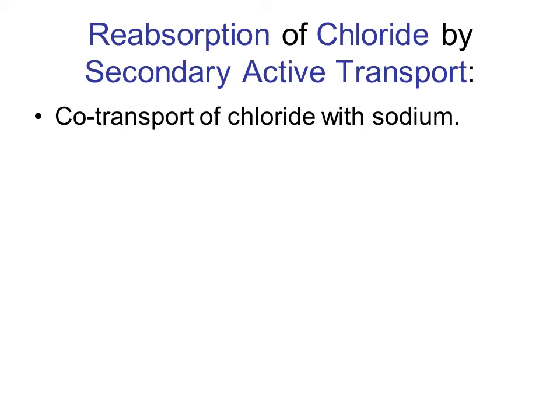Chloride ions can also be reabsorbed by secondary active transport, and the most important of the secondary active transport processes for chloride reabsorption involves co-transport of chloride with sodium across the luminal membrane.